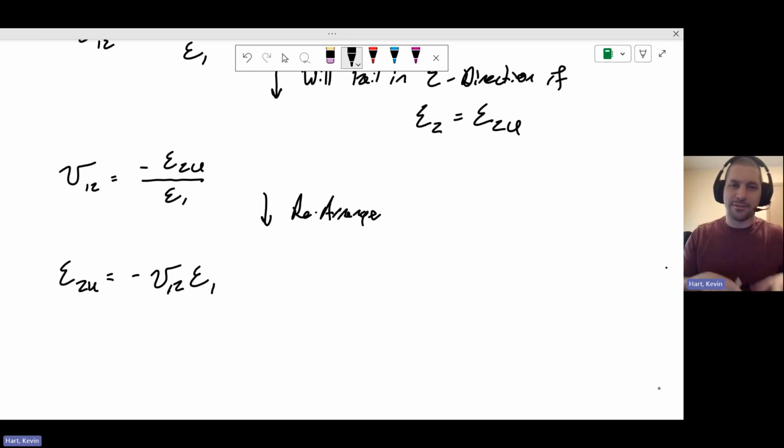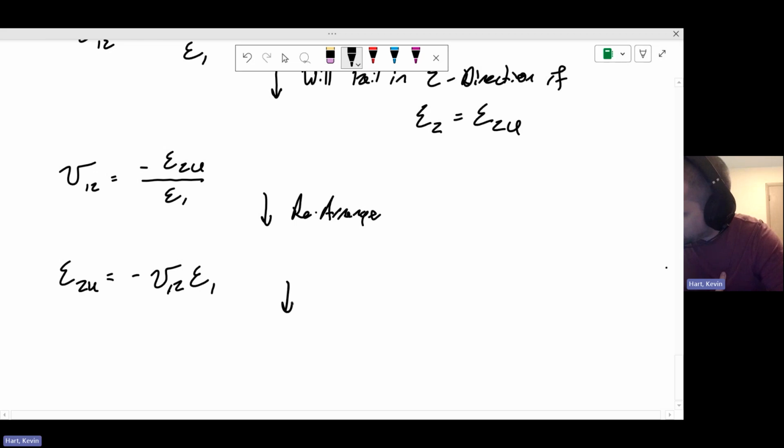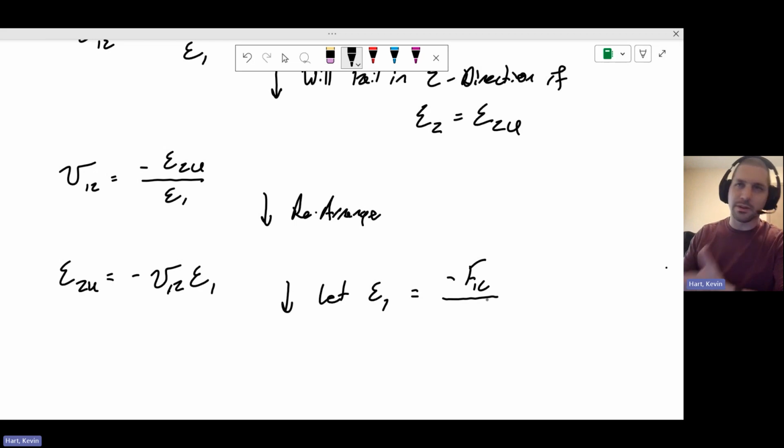All right, we don't want to write this in terms of strain to failure in the two direction. We want to say that at failure, the stress in the one direction is F1C. So we're going to let the strain in the one direction be negative F1C over the elastic modulus, right? Because we're putting compression on this, we put a negative sign in front because we're adding a negative amount of stress.